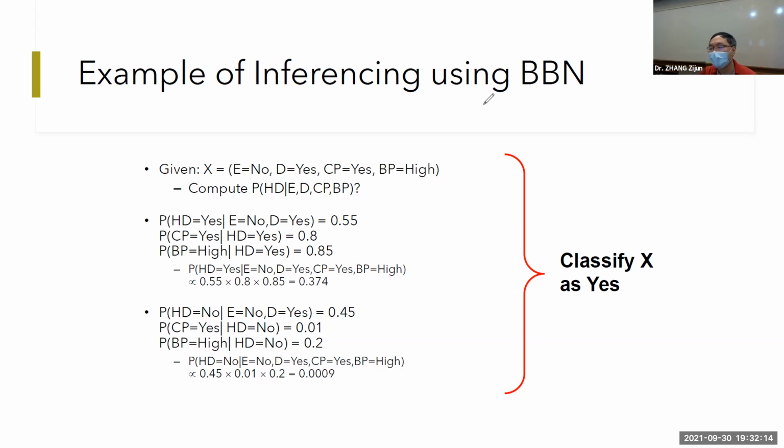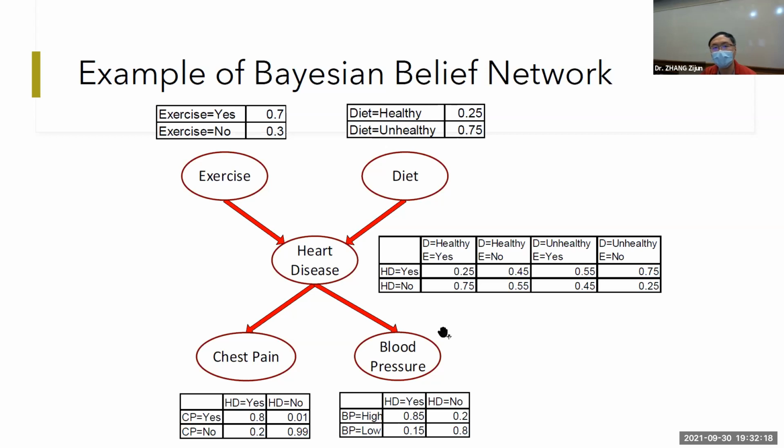So remember the previous stories I have shared with you. Go back to this graphical network structure. From this graph, we can see that HD only depends on exercise and diet. It just has two parents.